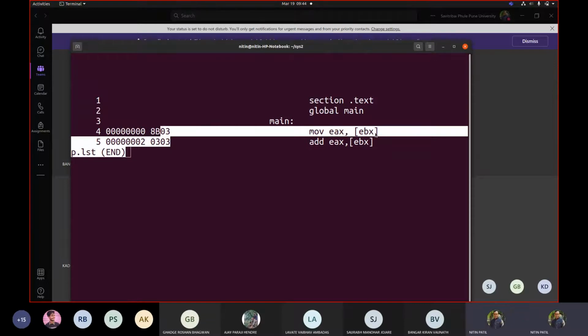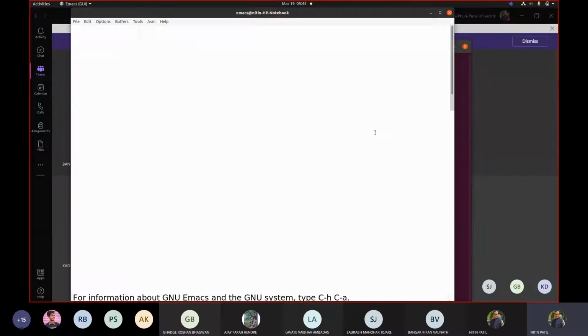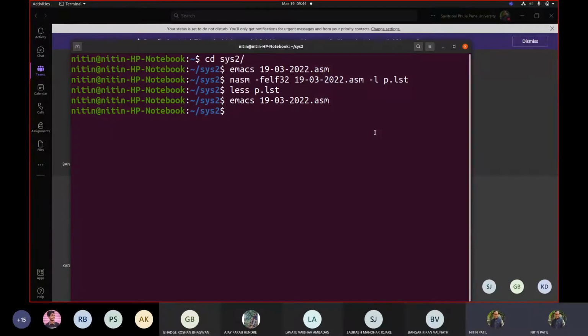So if I write base plus index multiplied by scale, we are talking about this.